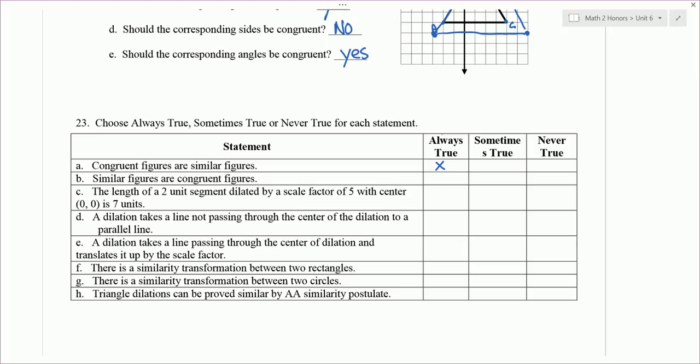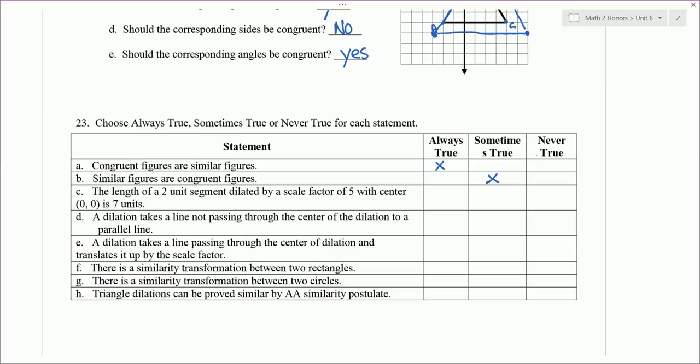Similar figures are congruent figures. That sometimes is true. If they are congruent, then they're similar. But you can look at similar figures that have different side lengths. You don't need the side lengths to be congruent to each other. You just need the angles to be congruent to each other. So it doesn't always have to be true.